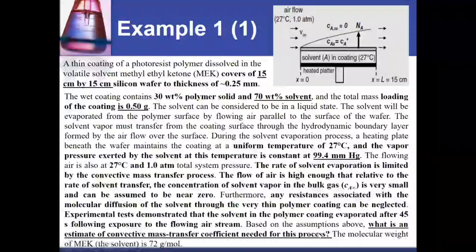So what is Kc? The molecular weight of MEK is 72 grams per mole. As you see, it's a very long description, but what you need is what is in bold here. Some of these assumptions are helpful. We cannot solve without them. So we basically need to find Kc. What is Kc for this process?